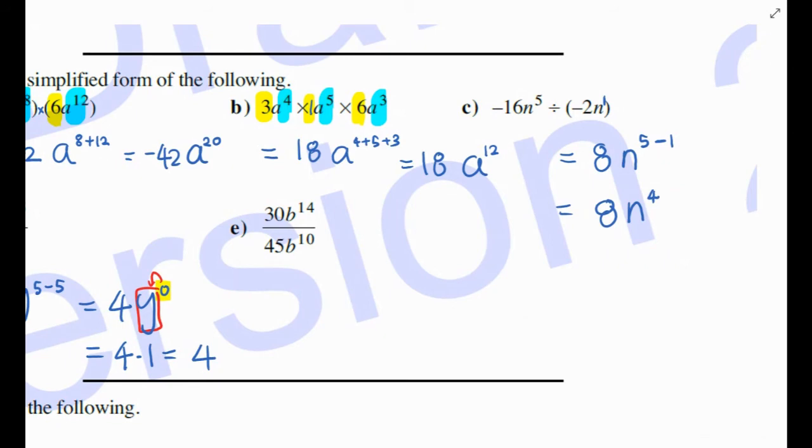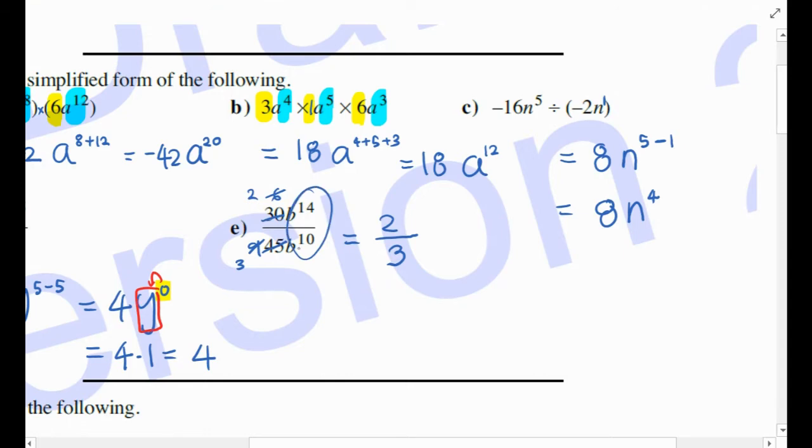Next. So we're going to reduce the fraction. I have 30 and 45. And we can divide both numbers by 5. And it becomes 6. And it becomes 9. And we can divide more. Let's divide both numbers by 3. It becomes 2. And this becomes 3. So I have 2 over 3.